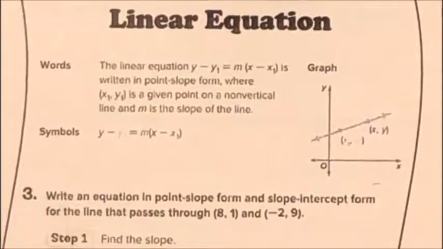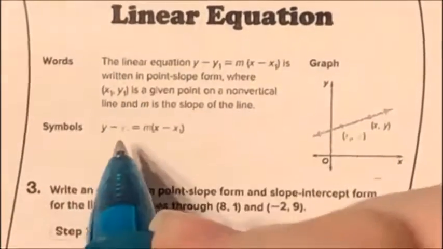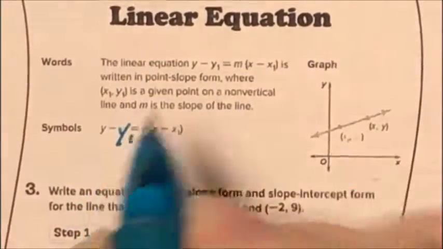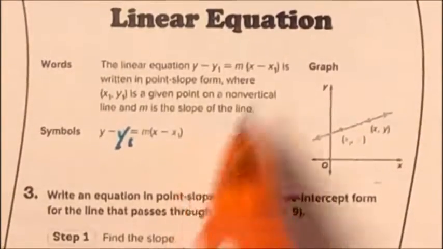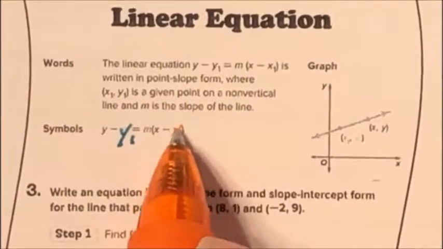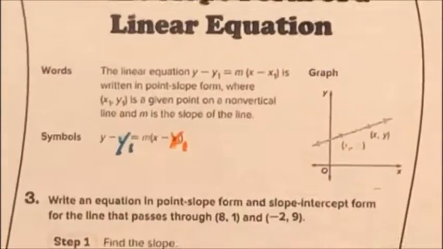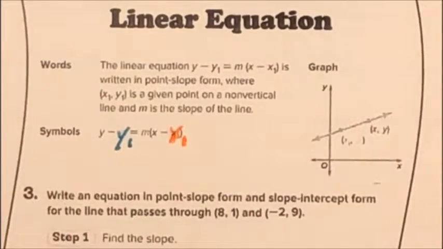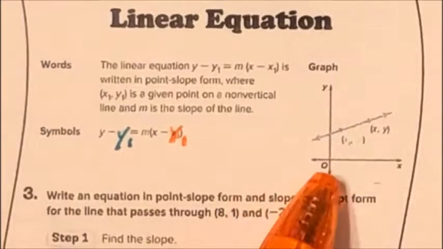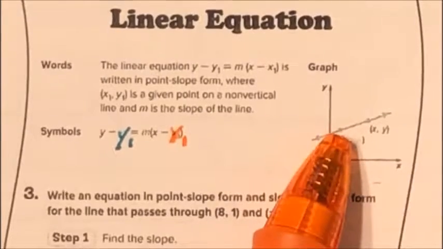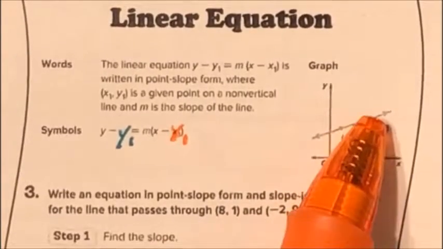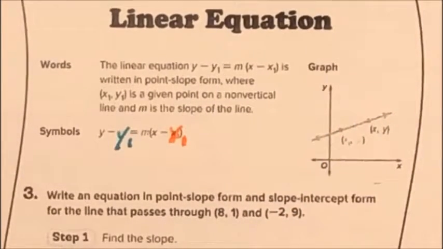In symbols, y minus y1 equals m times x minus x1. So those are our 2 points. We're given those 2 points on the line. There's x1, y1 right there, and x, y. Let's look at a couple of examples.